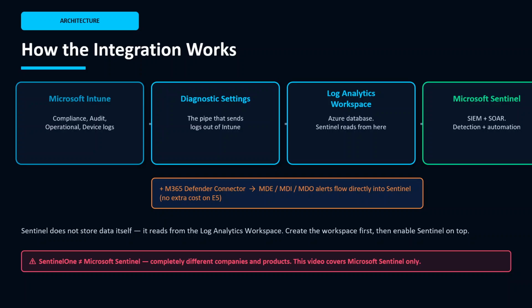Based on the rule, the device will get a status of compliant or non-compliant. Then we can do the audit, operations and devices logs. From Intune, we can collect all these settings, the diagnostic setting, the pipeline that sends logs out of Intune.